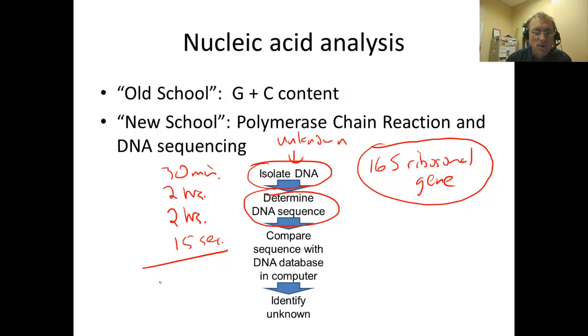We have a total amount of time of about 4.5 hours to go from having an unknown to identifying our unknown. And we can see that although this is slower than serology, it's faster than all of the other techniques in terms of the amount of time that's actually spent in the laboratory.